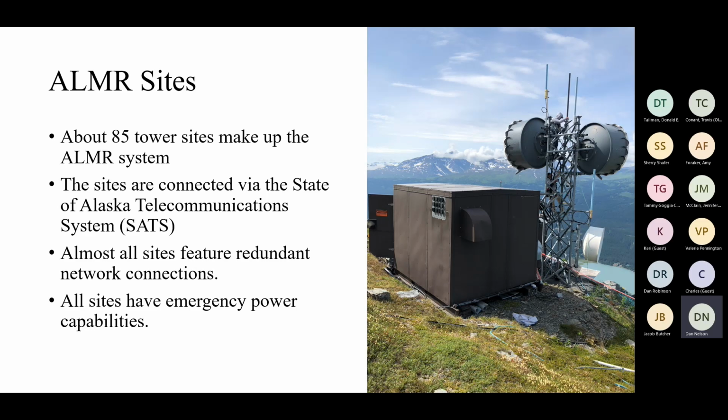All of our sites have emergency power. Most all of them feature redundant network connections. And what I mean by that is there's usually more than one path to get to that particular site. So if there's something like a natural disaster that may be taking some sites offline, it can usually go another direction. That's not true for every site, but that is a goal that the state has been working towards.